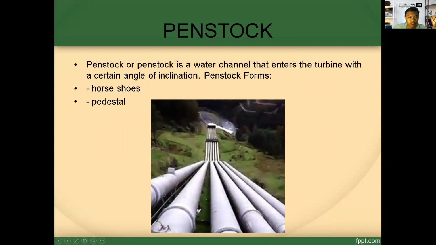Penstock. Penstock is a water channel that enters the turbine with a certain angle of inclination.